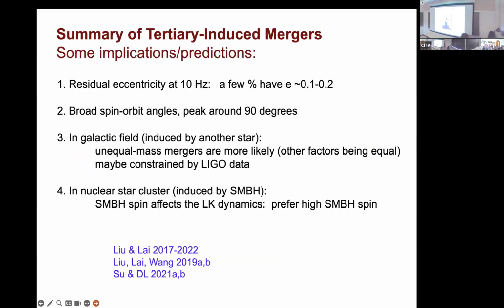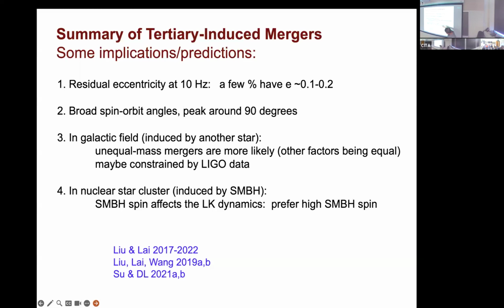So that's the summary of this. There may be modest eccentricity, there's a broad spin-orbit angle, and everything being equal, the unequal mass merger is more likely. That probably rules out this galactic tertiary induced merger that has been studied by many people, including us.